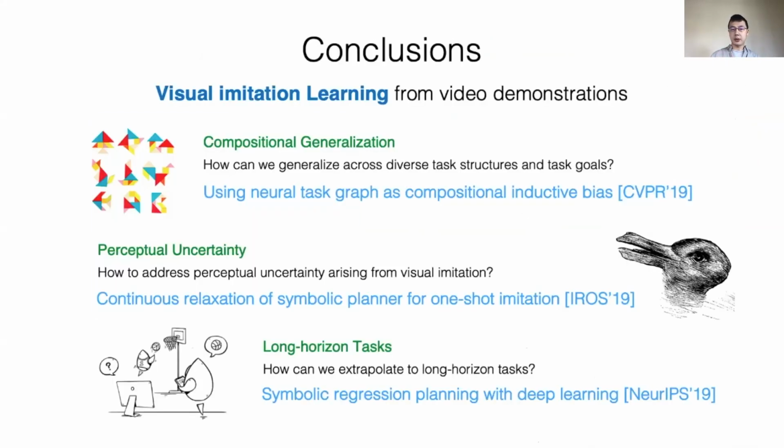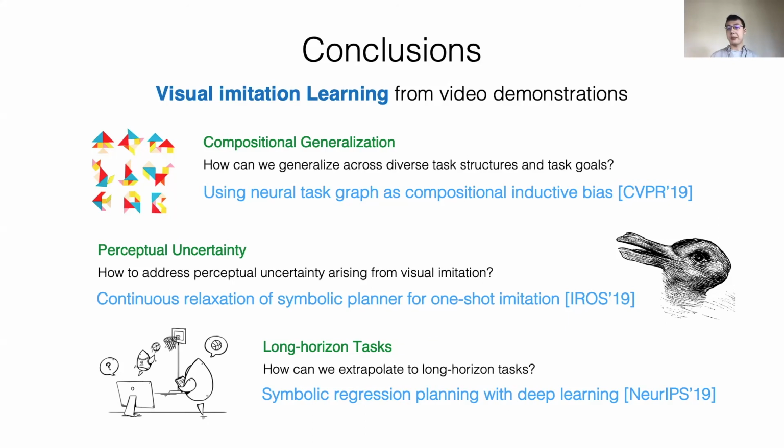Okay, so this concludes the main part of my talk on these 3 works. Just to have a quick summary here. In this talk, I pinpoint 3 challenges in the problem of visual imitation learning. The first is compositional generalization. I talked about our work on neural task graph, which uses the task graph as a kind of structural inductive bias to generalize across different task structures and task goals.